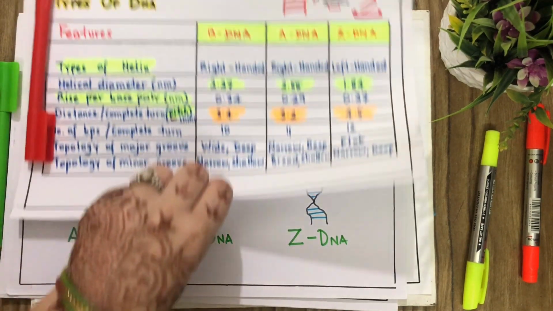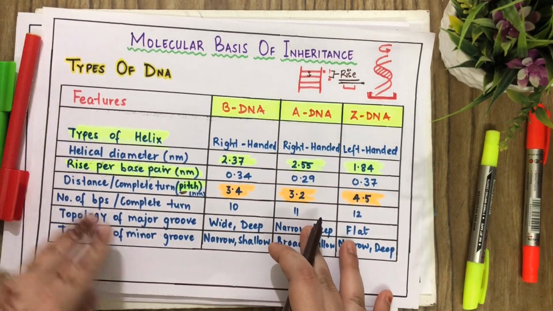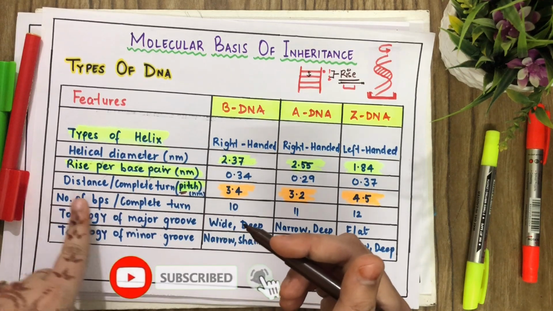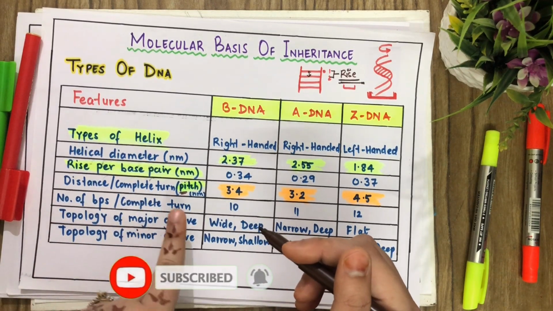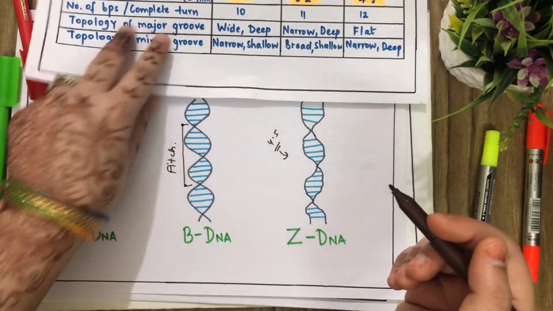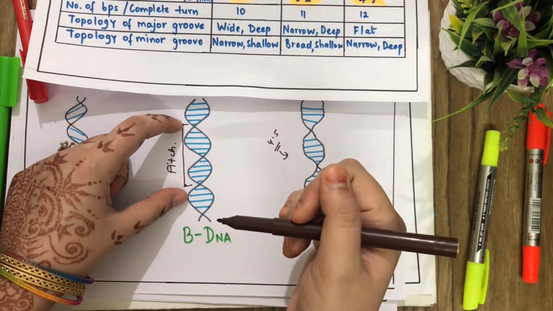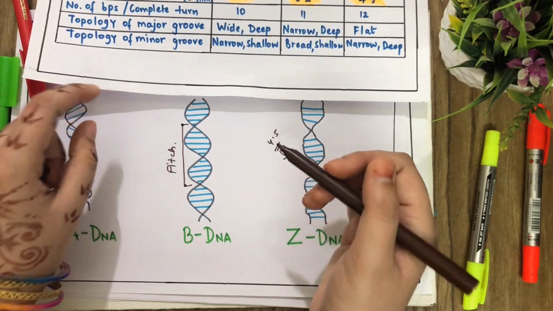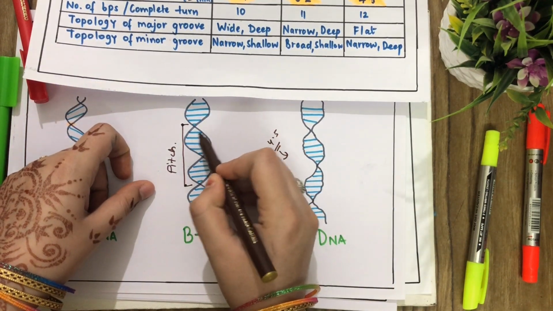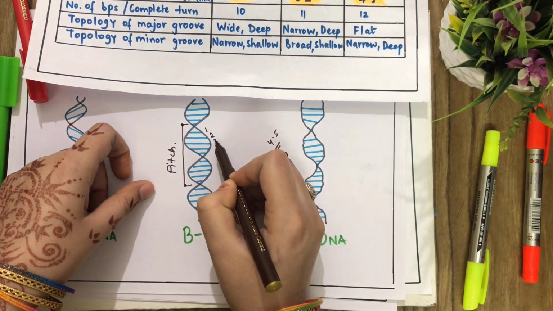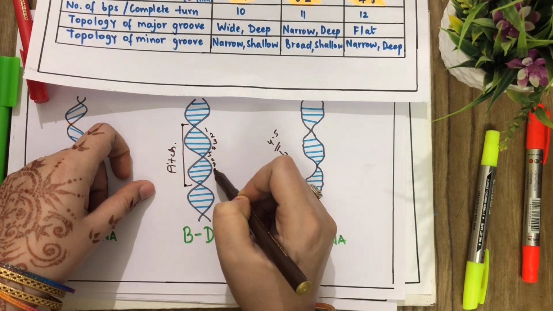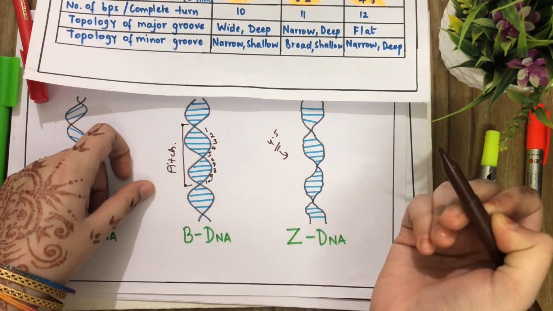Fine. Now coming to the fifth feature, that is number of base pairs per complete turn. This means how many base pairs are present in one complete turn. Suppose this is 1, this is 2, this is 3, 4, 5, 6, 7, 8, 9, 10.